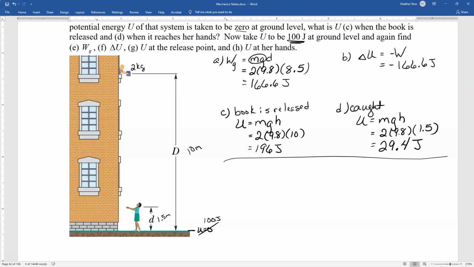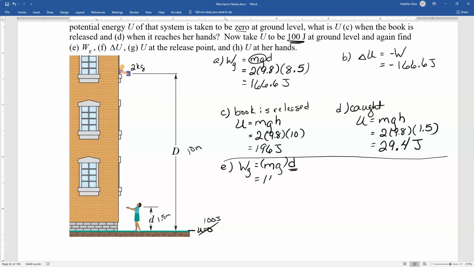Well, the thing is that the work due to gravity is going to be still mass times gravity, so that's the force that's coming down, times the displacement. It doesn't care where we start. It only wants the difference that it's traveled.